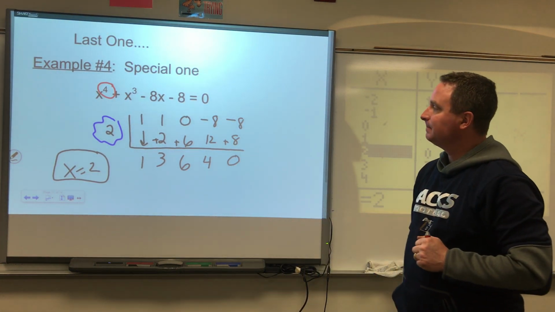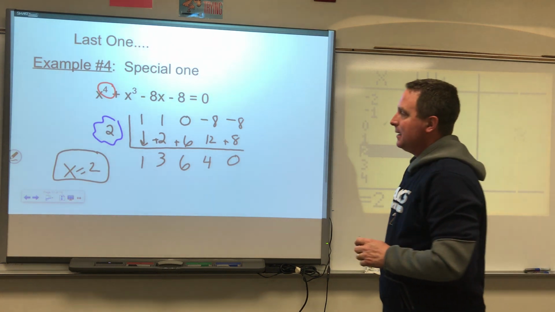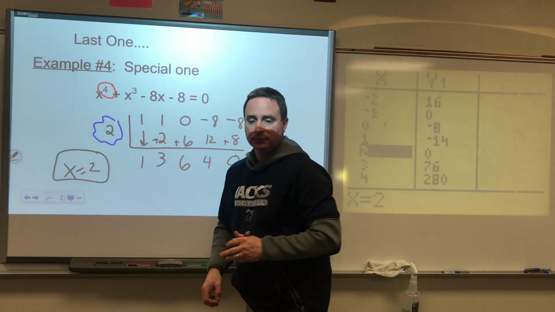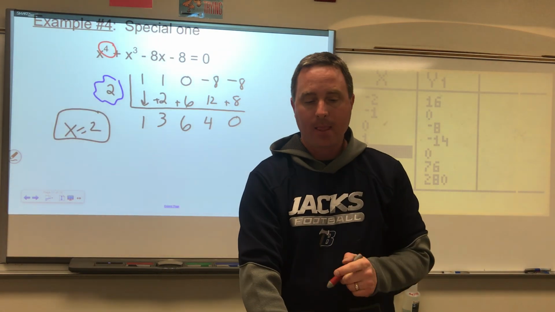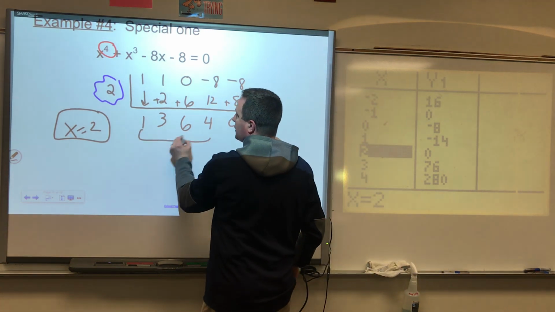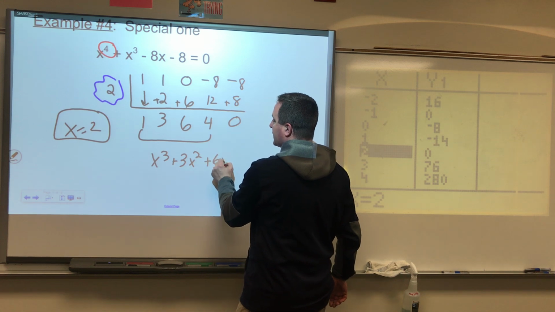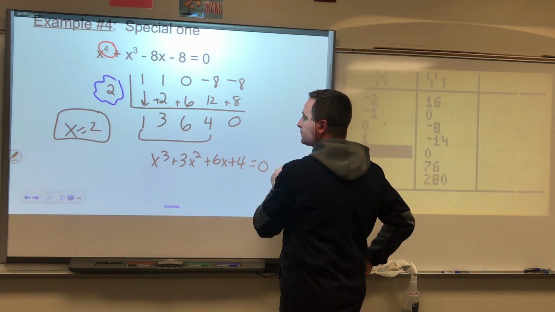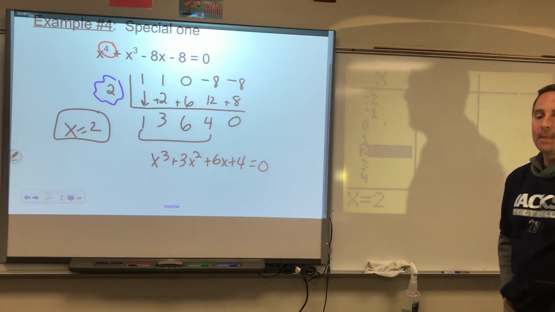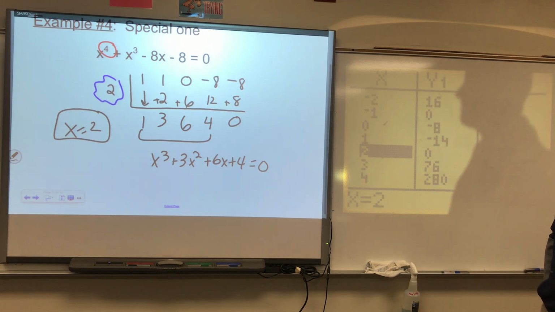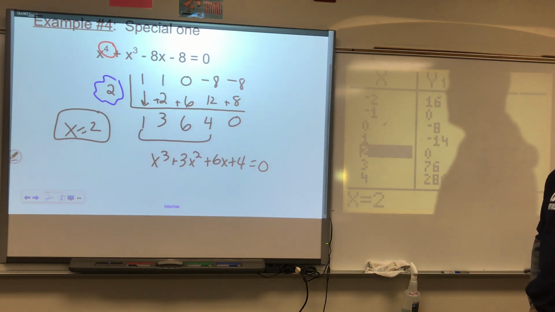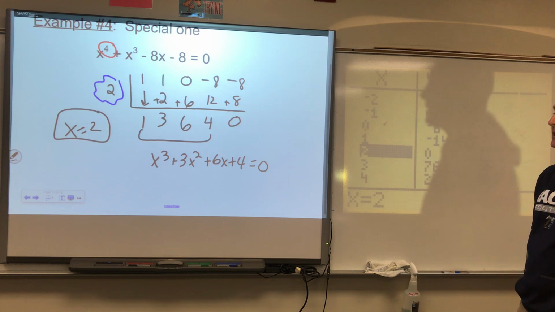So now what? Okay. So I'm going to take this leftover stuff here, and I'm going to change this into x cubed plus 3x squared plus 6x plus 4. Now what? There's 4 terms, and normally we try to do the grouping thing.